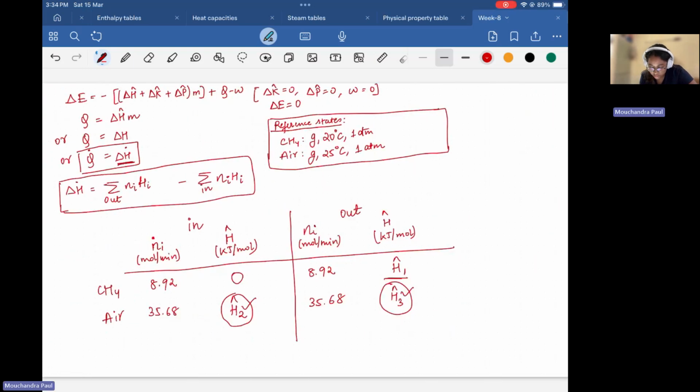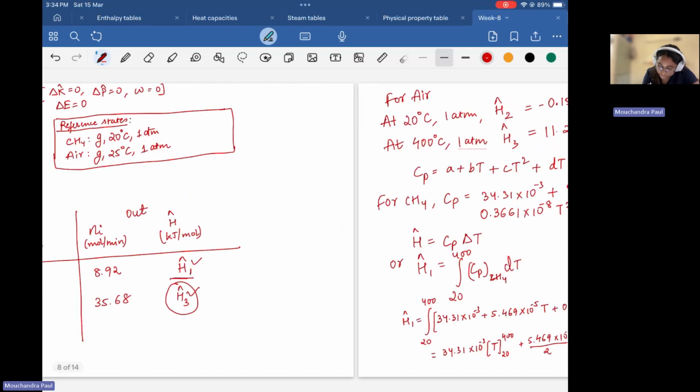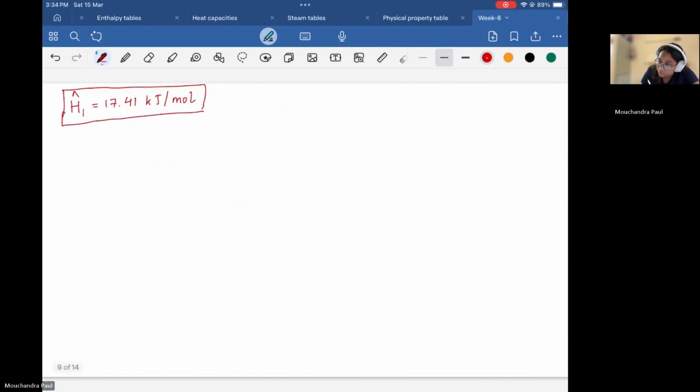Now we have all the values to get delta H dot, and then we can get Q dot. So let's rewrite it.